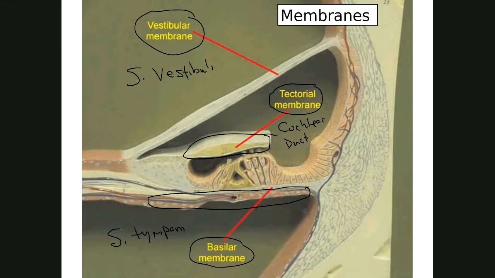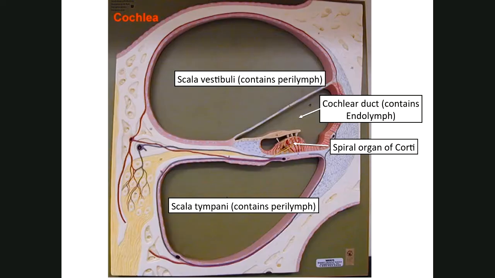So if we go back one picture and look, there's our vestibular membrane. And there's the scala vestibuli. There's our tectorial membrane. And there's the cochlear duct. There's the basilar membrane. And there's the scala tympani.